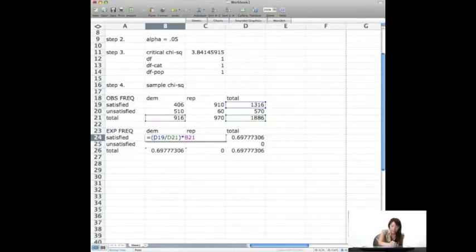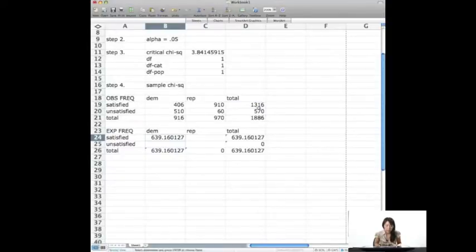Now, this part, I want to keep that the same, and I want to keep that in the same column. So I'm going to put a dollar sign in front of the D to lock down that column. And here I'm going to put a dollar sign in front of both the D and the 21 in order to lock down this actual cell. Because here's what I'm going to do. I'm going to actually copy and paste that over here.